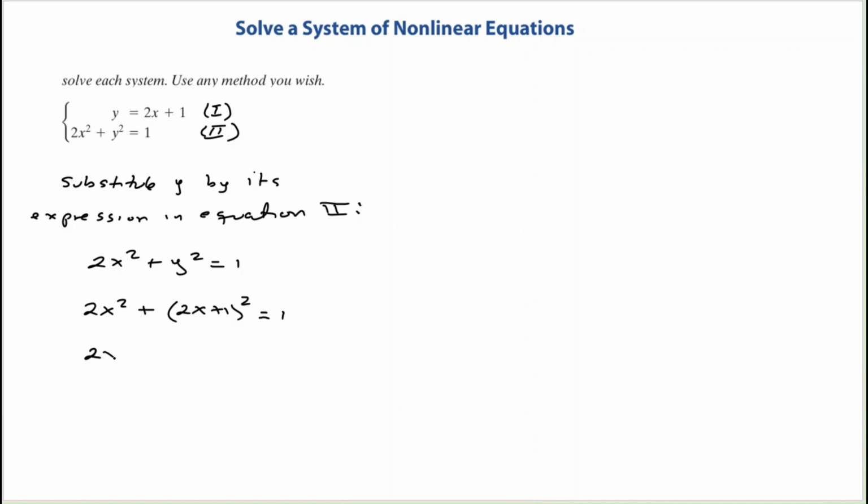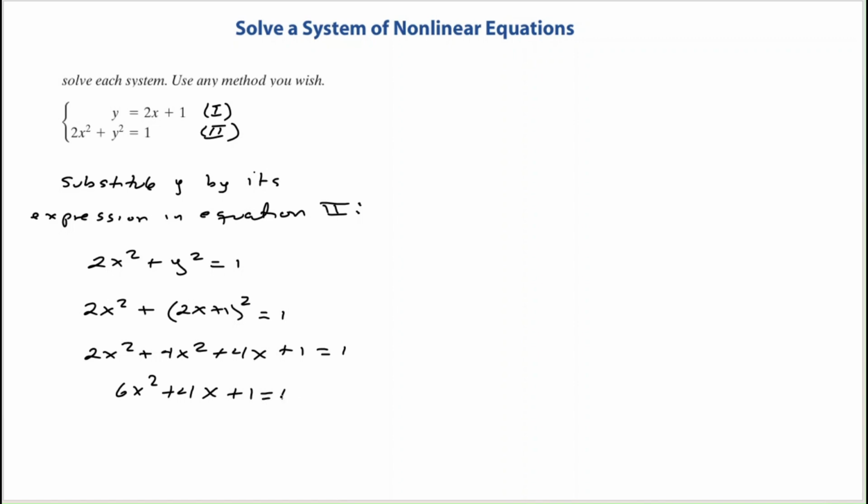So 2x squared plus, and then we are going to find the square of this binomial, which is the square of the first, 2x squared, which is 4x squared. 2 times the first times the second, so 2 times 2x times 1, which is 4x, plus the square of the second, so 1 squared, which is 1. 2x squared plus 4x squared is going to be 6x squared plus 4x plus 1 equals 1.